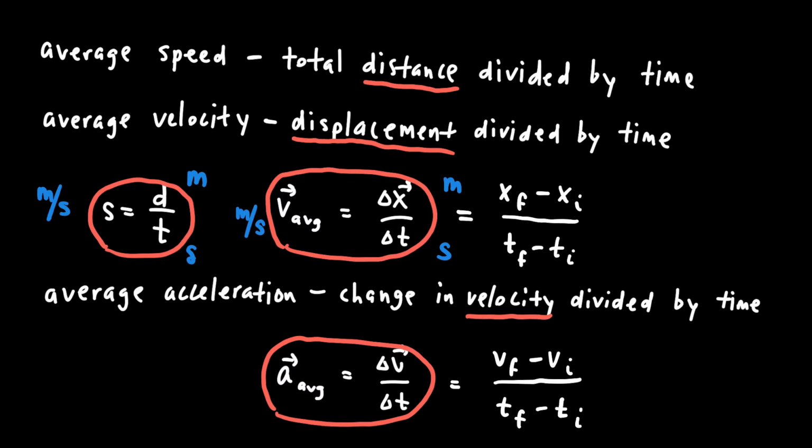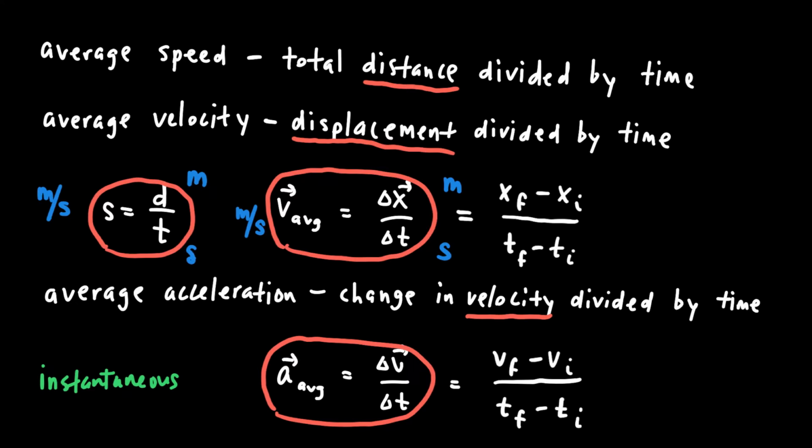What you would need is to either use a kinematic equation, or a graph of the object where you could go to a particular point on the graph and find the exact velocity or the exact acceleration. Those kinds of quantities we would call instantaneous.